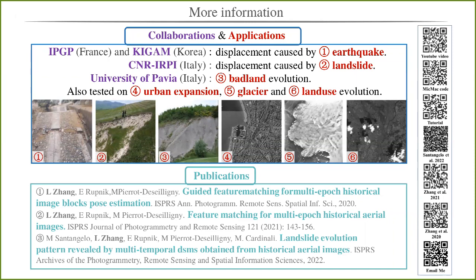Beyond these collaborations, we also tested our method on urban expansion, glacier, and land use evolution. Here I displayed the test site of our experiments in each application. Most of the results can be found in our publications listed here.